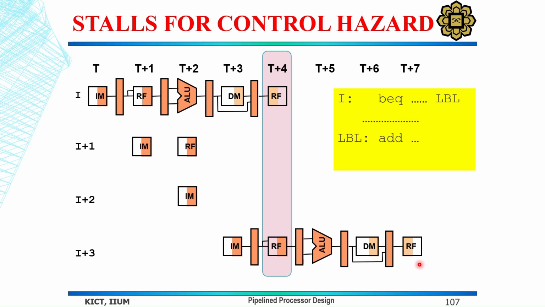The instruction will be fetched and executed after the branch is resolved. The two instructions fetched immediately after the branch, I plus 1 and I plus 2, are ones that will be squashed or flushed because they are fetched before the branch outcome is known.